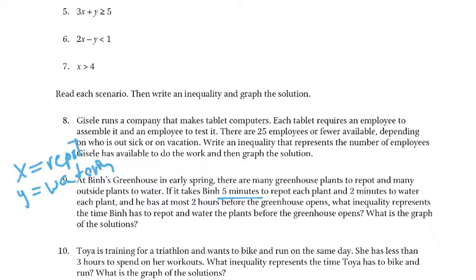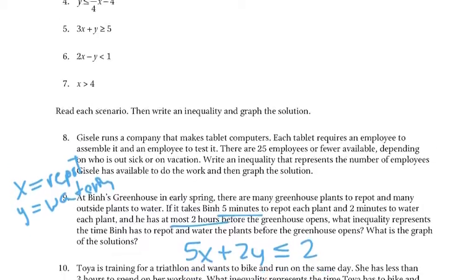Okay, so we go 5x plus 2y, and it says he has at most 2 hours, so it has to be less than or equal to 2. Okay, so with this one we can either turn it into the slope-intercept form to graph, or we can graph with the x and y intercepts. So let's try that one.